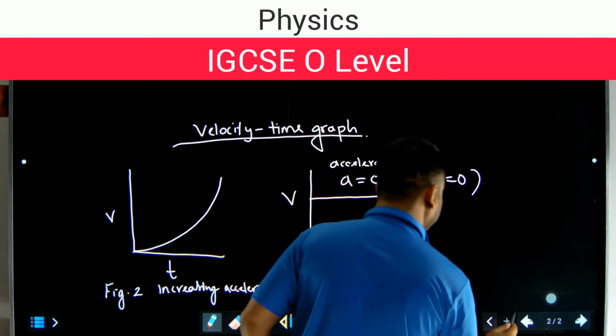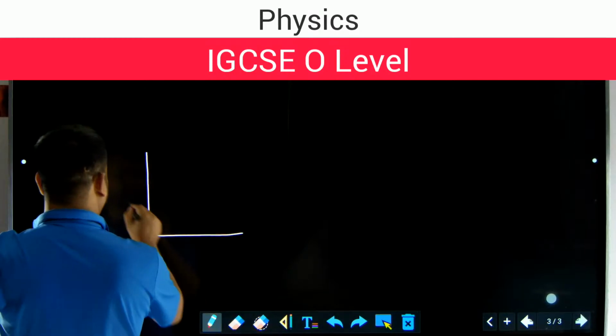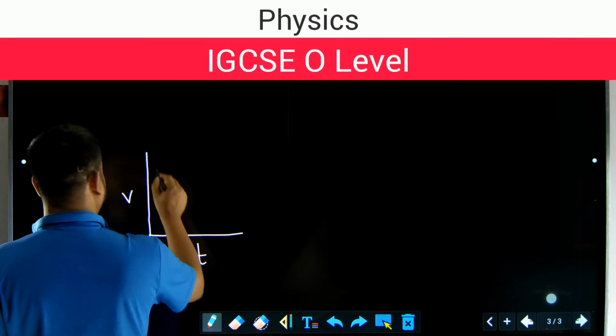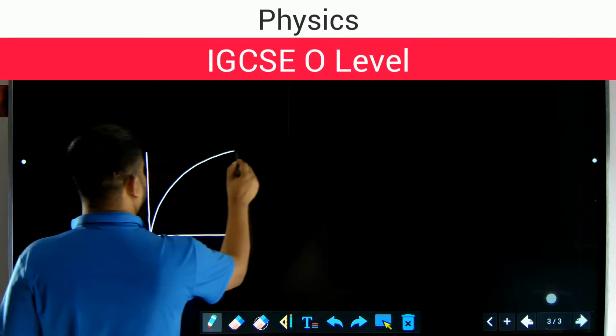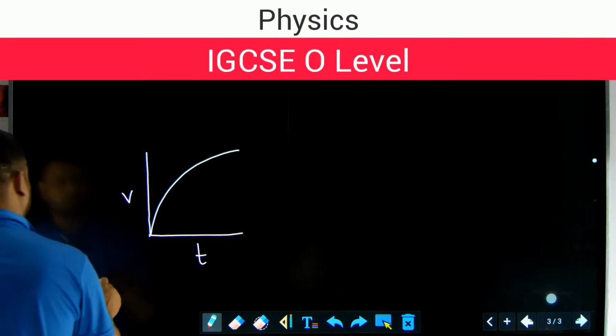Now if the velocity time graph is like that, tell me what type of motion is represented by this graph.